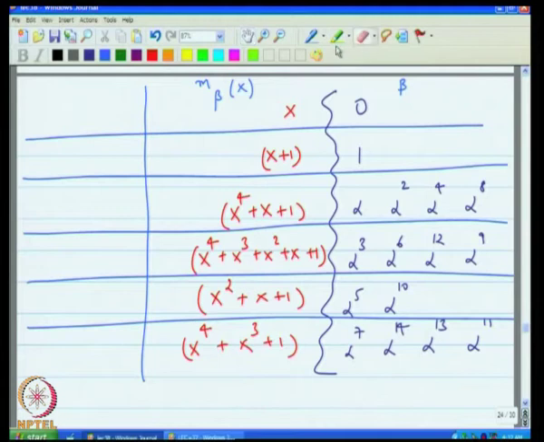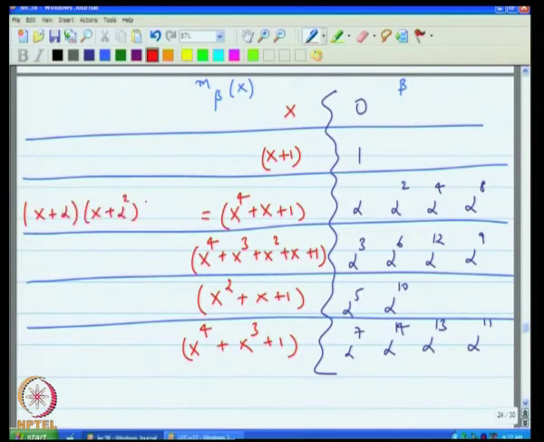So, you can interpret that as telling us that x 4 plus x plus 1 can be factored according to x plus alpha, x plus alpha squared, x plus alpha 4, and then x plus alpha to the 8.